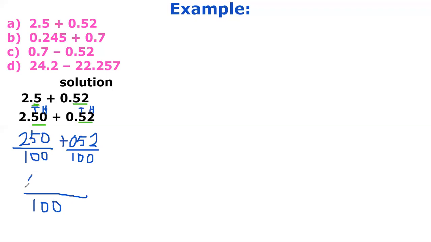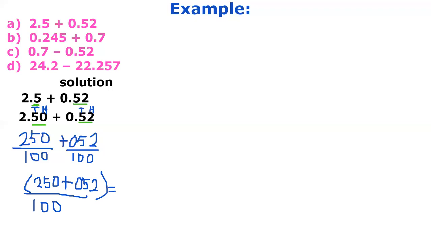So you are going to add the numerators, which means we have the 250 plus 52. Okay. Because in fractions, anywhere there is a point, they are divided by the point, and then the two zeros, and 100 in our case. So let's add this one.